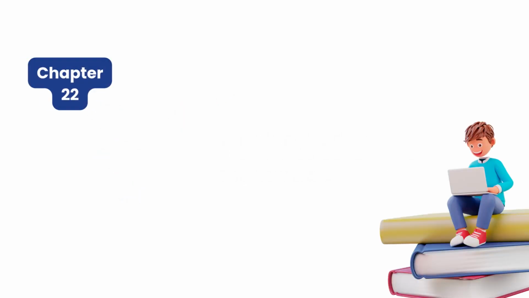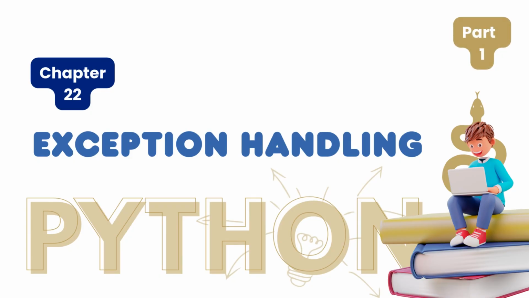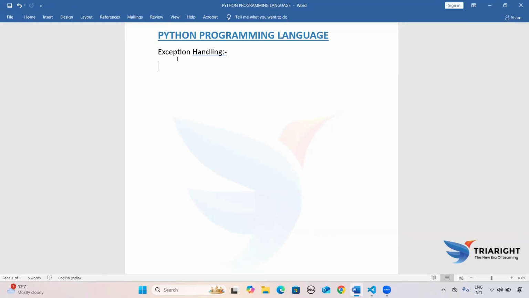In this session, we are going to learn what exception handling is in Python. Before we try to understand exception handling, first we will try to understand what an exception is.